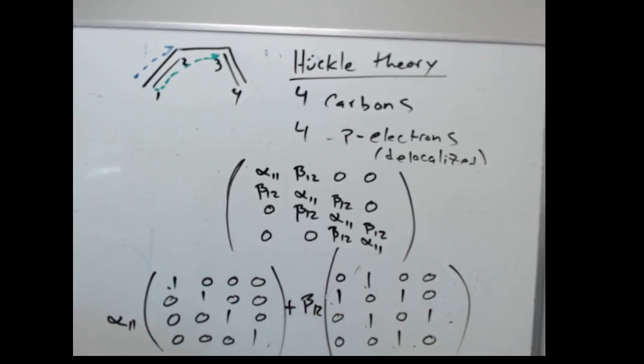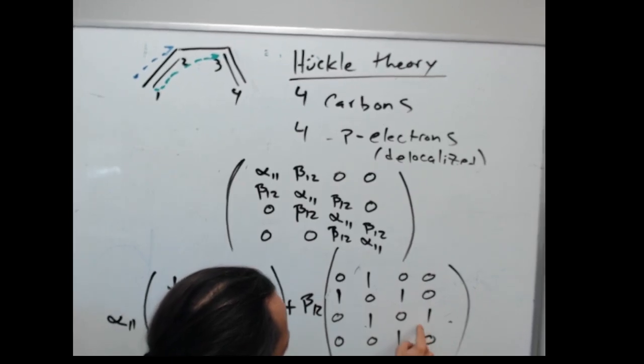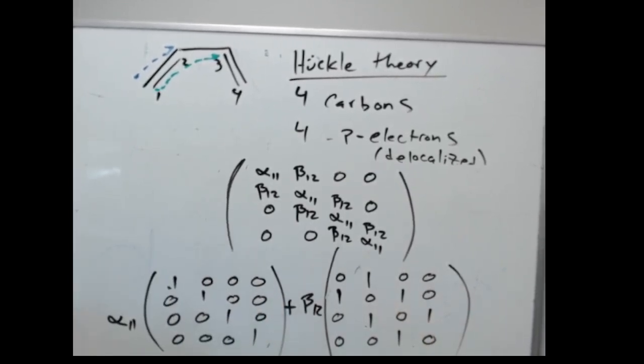Right, and this is nice, because what happens here is, I think this came up last night, during class, where the coefficients for diagonalization are the same regardless of what beta 1, 2 is.